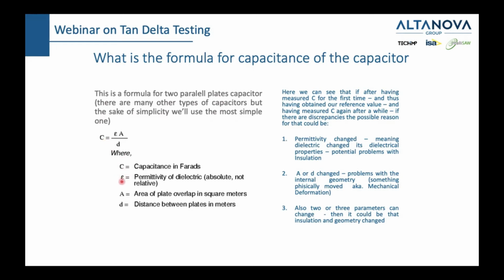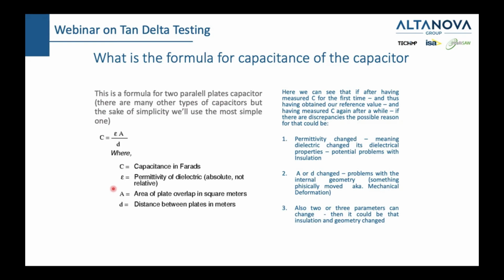And this is the core of understanding tan delta, because first of all, the permittivity is one thing which can change, of course, and it can change if, for example, the properties of our insulation change. If our oil gets too many water molecules inside, the epsilon will change.